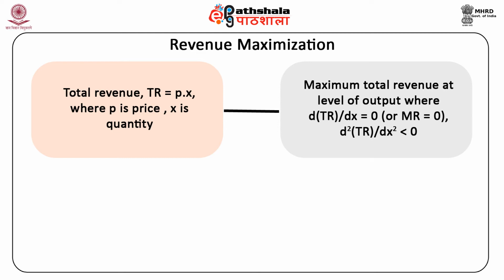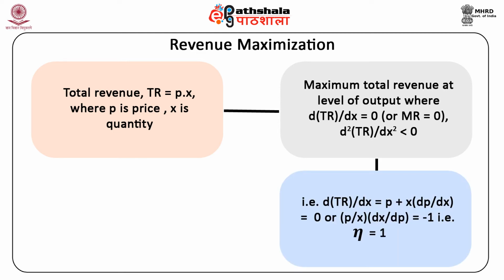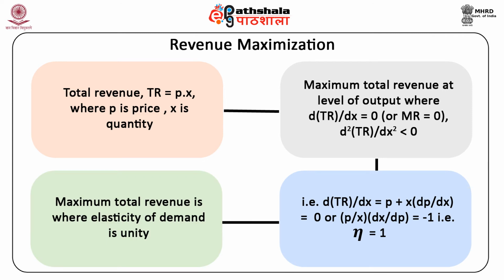The first order condition implies that dTR/dx is equal to p plus x dp/dx is equal to 0, or (p/x)(dx/dp) is equal to minus 1, implying elasticity equal to 1. The maximum of total revenue occurs where elasticity of demand is unity.